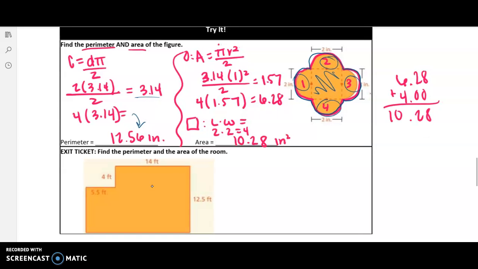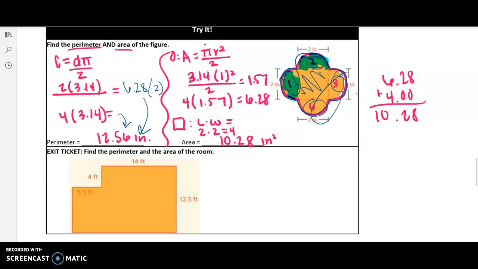You could have also done 2, so our diameter, times pi, which is 6.28, and then saw that we had 2 halves make a whole, so these 2 would be now a whole, and then these 2 would be a whole, so then I would just multiply this by 2, and I would still get the same answer. So either way, you can get to the same perimeter.